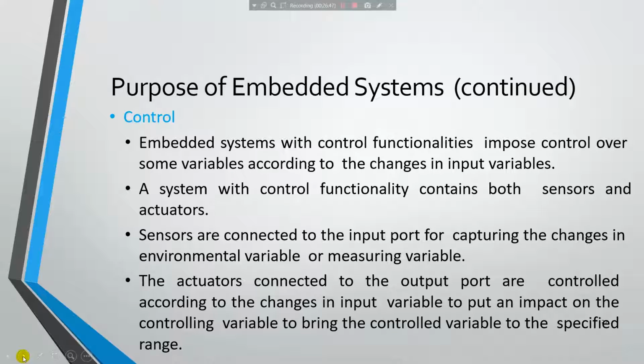It can be input from a sensor, or output to an actuator doing particular operations. The best example is measuring the temperature of a room: the sensor senses the temperature and gives it to the relay, which switches the compressor on or off. These are called actuators, used for input and output. So that is control.